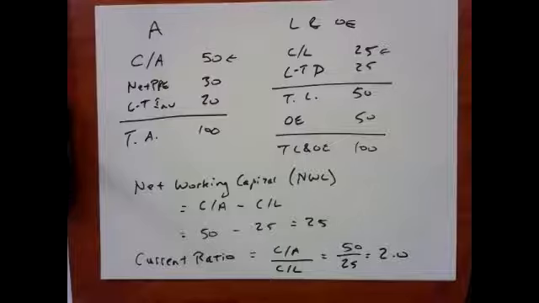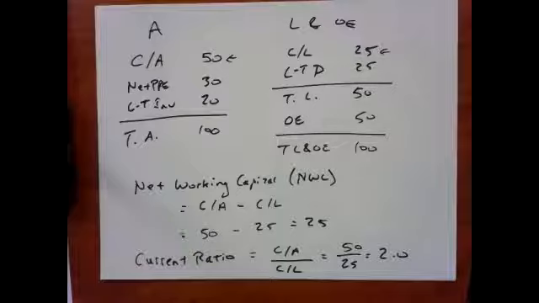Now, this is why ratios are generally better to work with than absolute numbers if you are trying to compare your organization to another organization. So now you could say, okay, we have a current ratio of 2, which means for every dollar of liabilities, I have $2 of relatively liquid assets that I can use to pay off my liabilities.